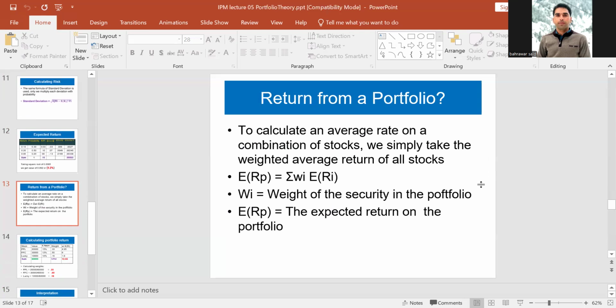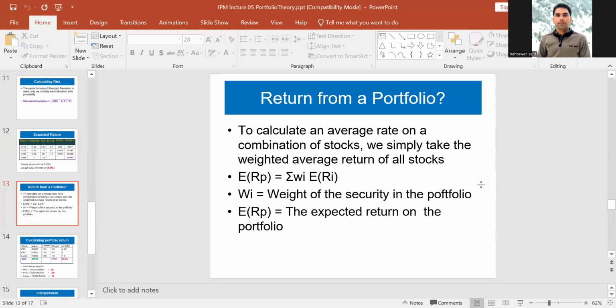Return from a portfolio. Portfolio returns are the weighted average return of all securities. As an example, we can take Rs 60,000 in three stocks. In PPL, 15% multiplied by 0.33 equals 4.95%.